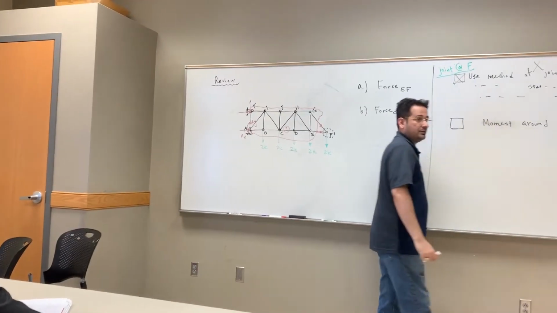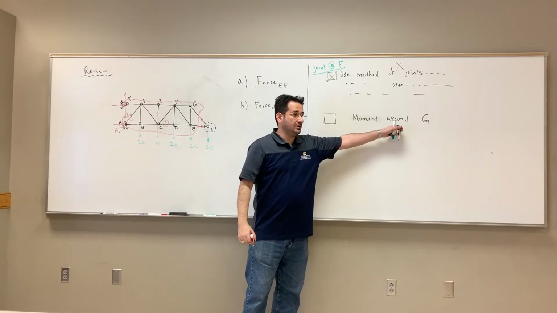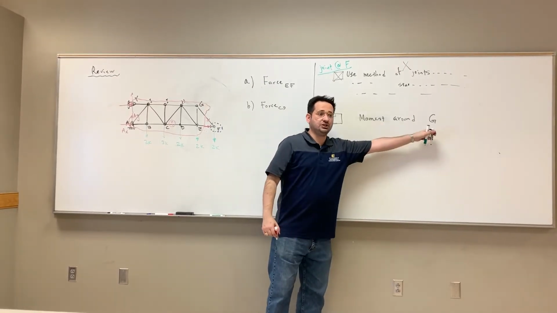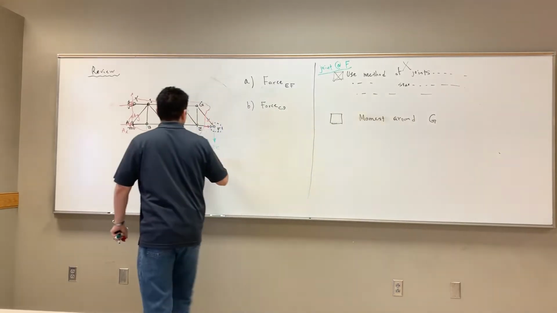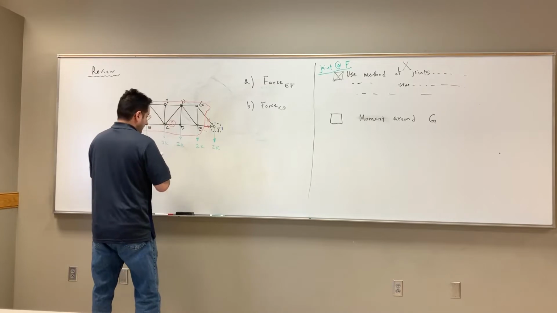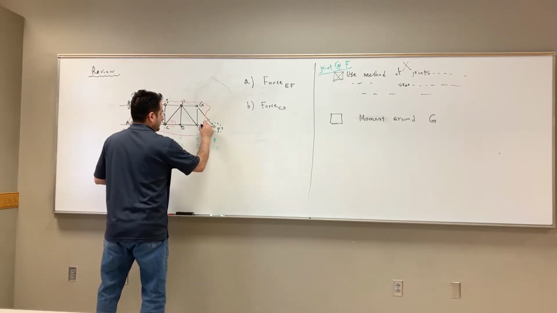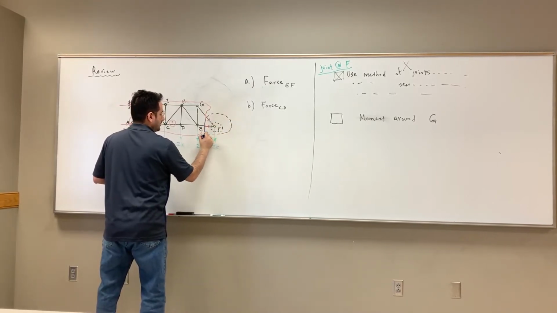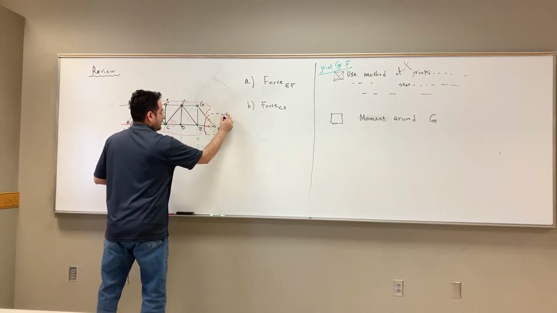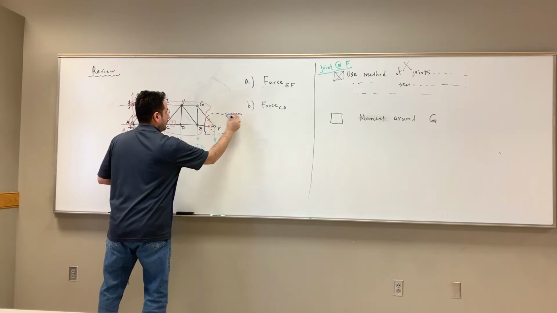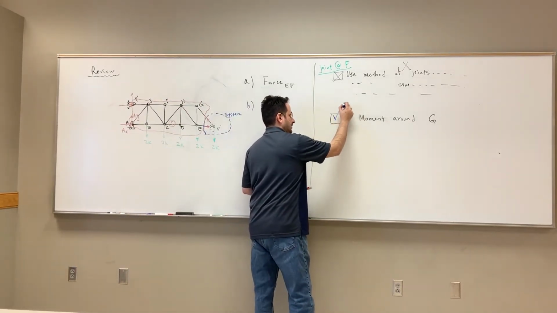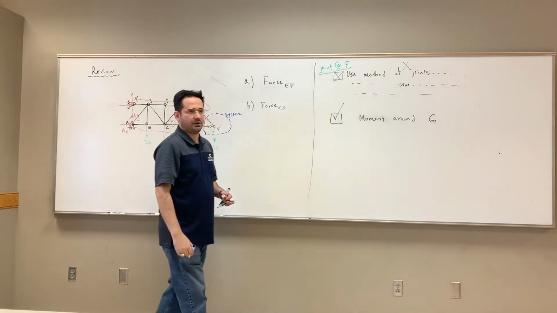So when you say something, you should say what your system is. Now let's say you say moment on G, and then you say, this is my system. This is my system. And now, moment on G. If you do that, then I say, you get your credit, because that's right.